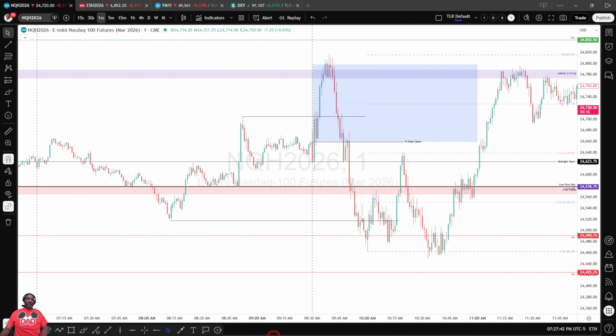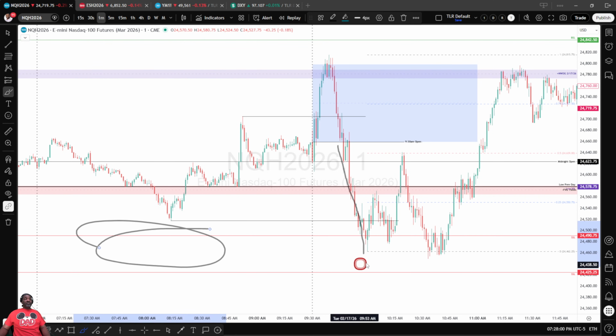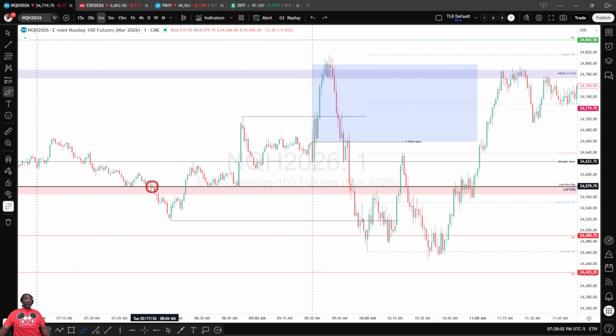And to be honest, to take this based off of this imbalance and this order block, you would have to be really convicted of the bearish sentiment, because we came down here, swept liquidity, and took a daily low.